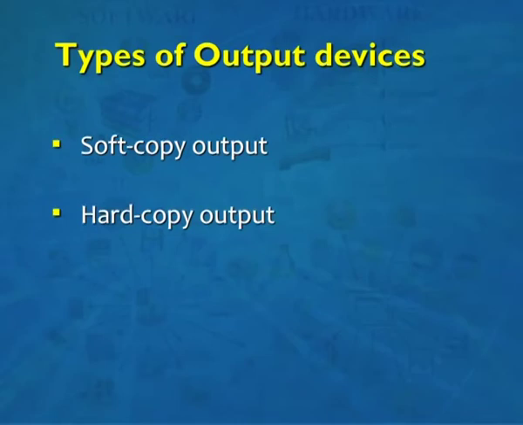Hard copy output. A hard copy output is permanent in nature because it appears on paper or some material that a user can carry for display or for filing and use later when he or she is not using a computer. For example, output produced on paper by printers or plotters are hard copy output.